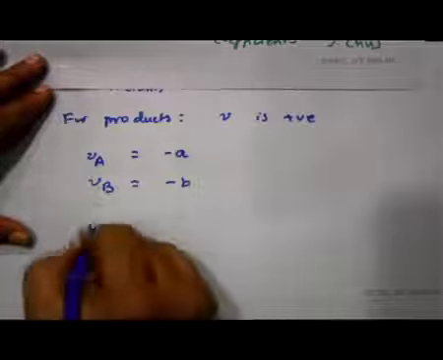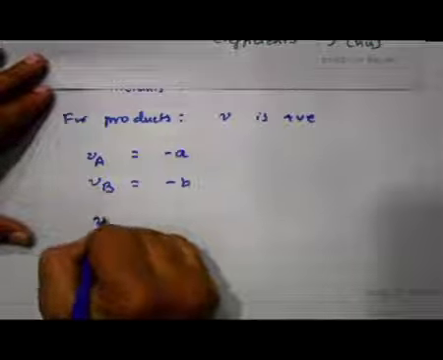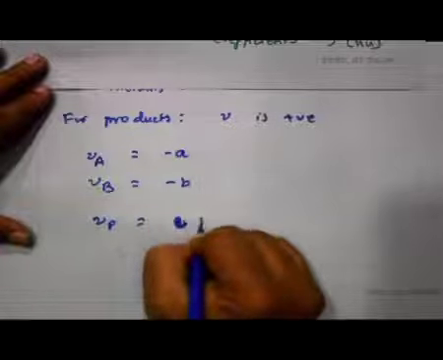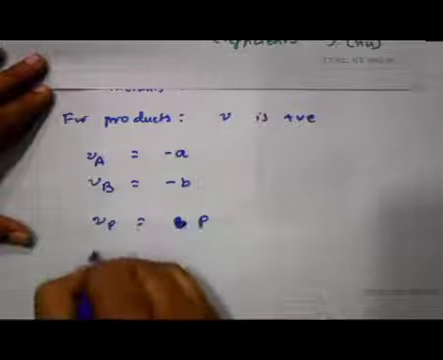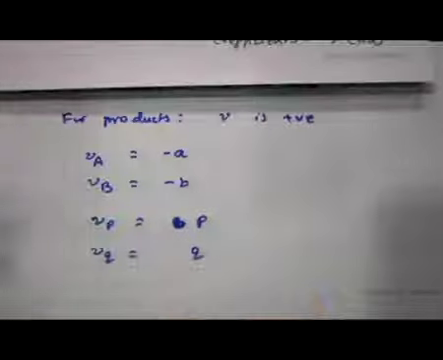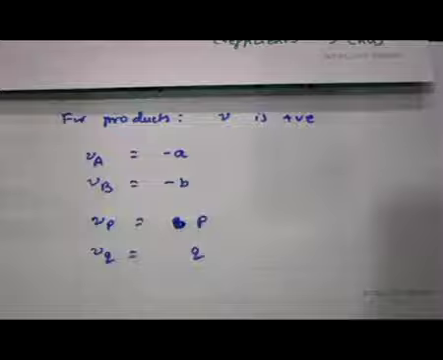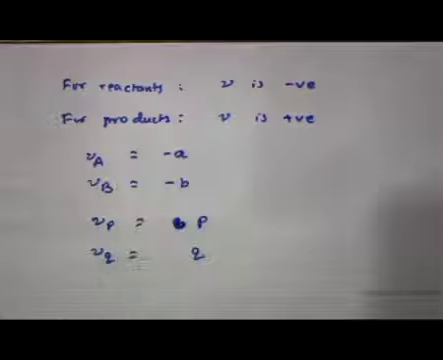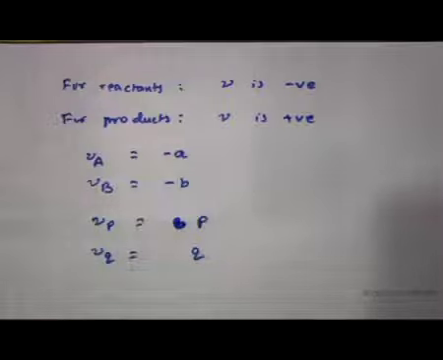On the other hand, if I am writing nu for P, it would be plus p. If I am writing nu for Q, it would be plus q, and so on. So, for reactants the stoichiometric coefficient is considered negative, and for products it is considered positive.